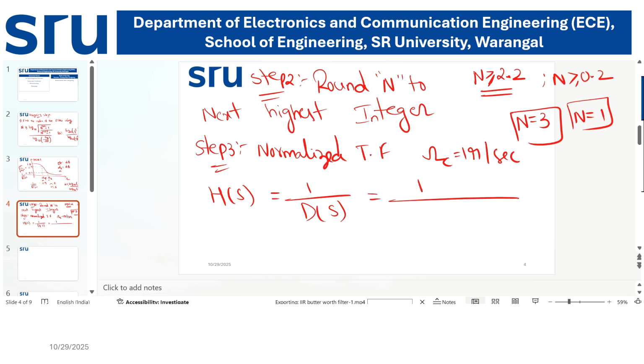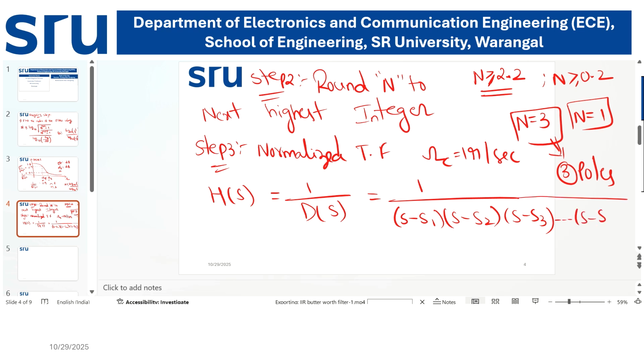Suppose n is equal to 3, then the system has 3 poles, which we can write as s minus first pole, s minus second pole, and s minus third pole. If it is a kth order filter, then we have s minus sk, where sk, the kth pole, we can determine using the cutoff frequency times e^(j phi k), where k starts from 1 and ends with the order of the filter.